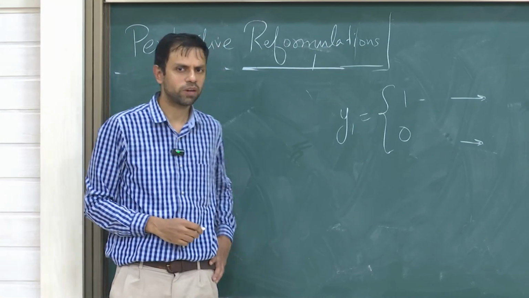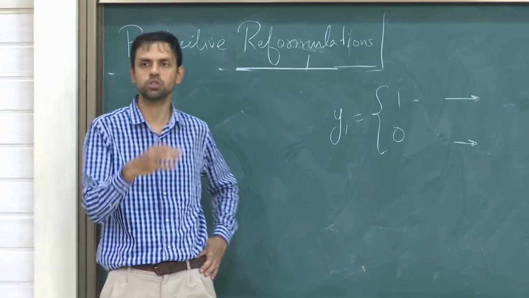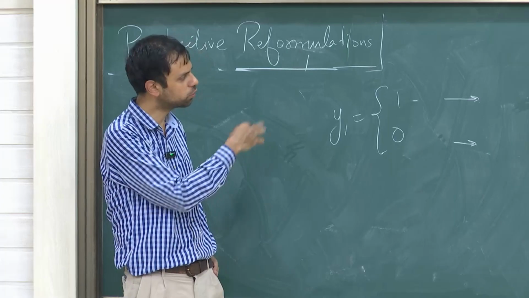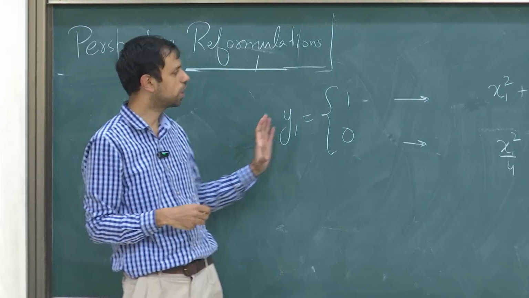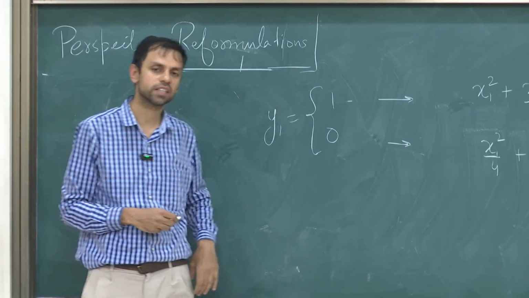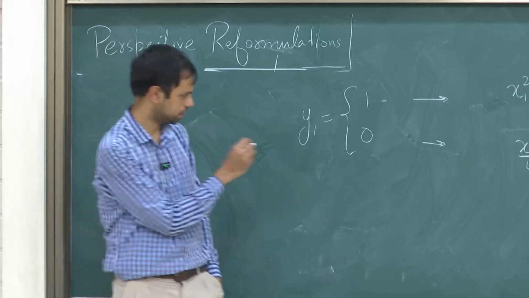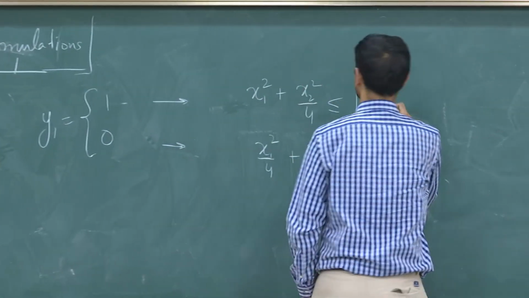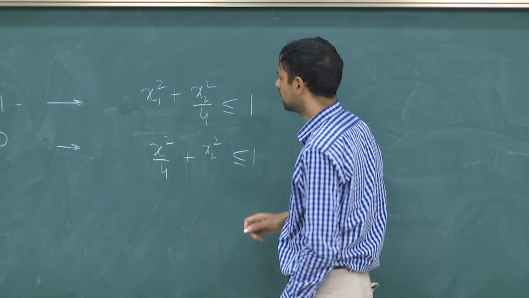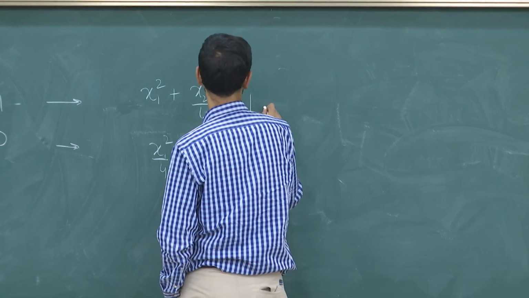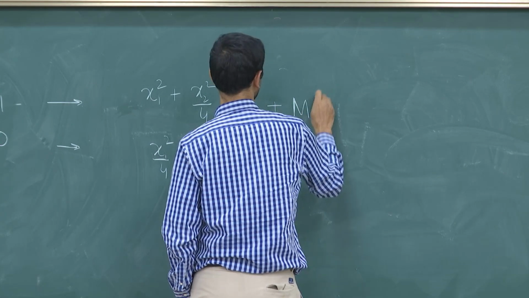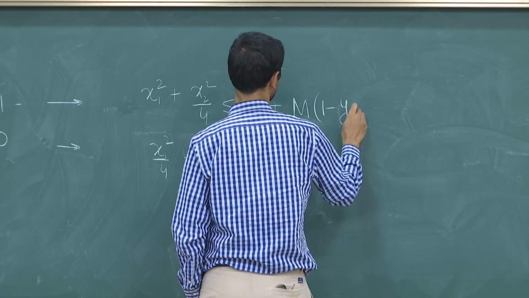So one way to model it is using big M's. Can we quickly write how we can use y1 to model these two conditions? I will have two constraints, both these constraints, and I will add one big M times 1 minus y1.